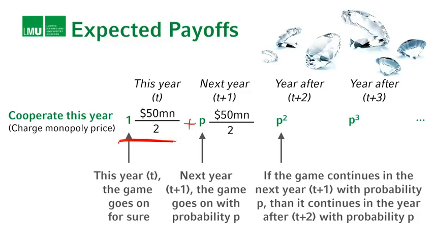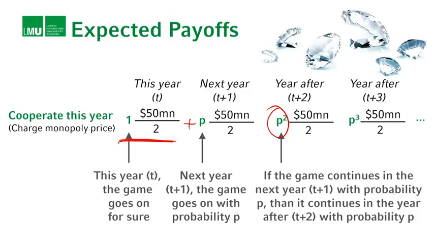Now, if it went on for the first period, then there's again a likelihood that from the next year to the year after, the market again breaks down. So the likelihood that even 2 periods from now we're going to have the market is p times p, so it's p squared. And then in the year after, in t plus 3, it's going to be p to the power of 3, or p cubed.